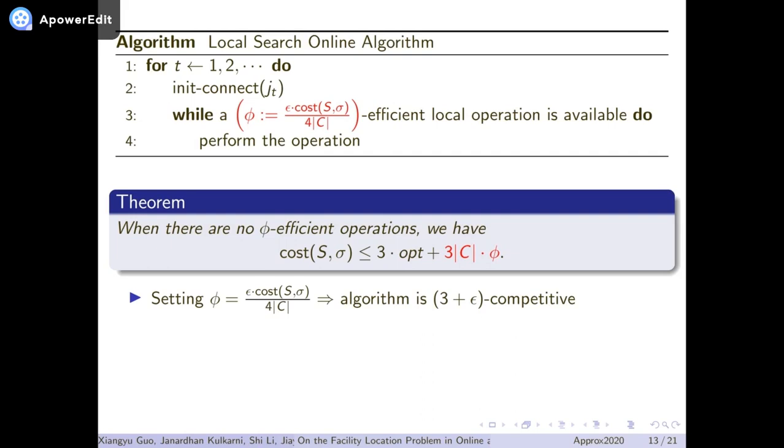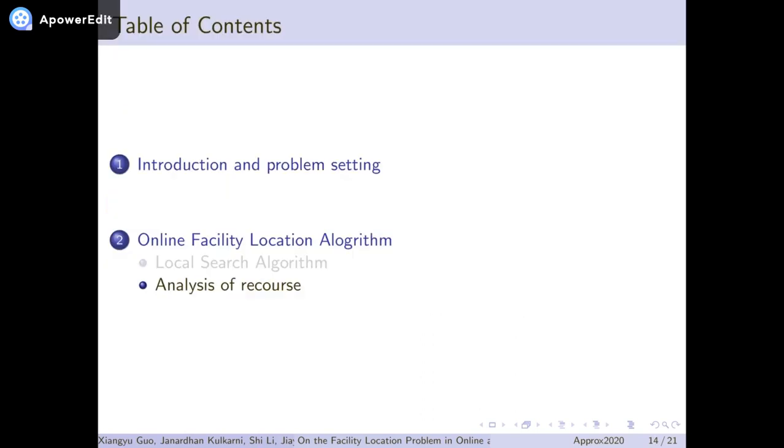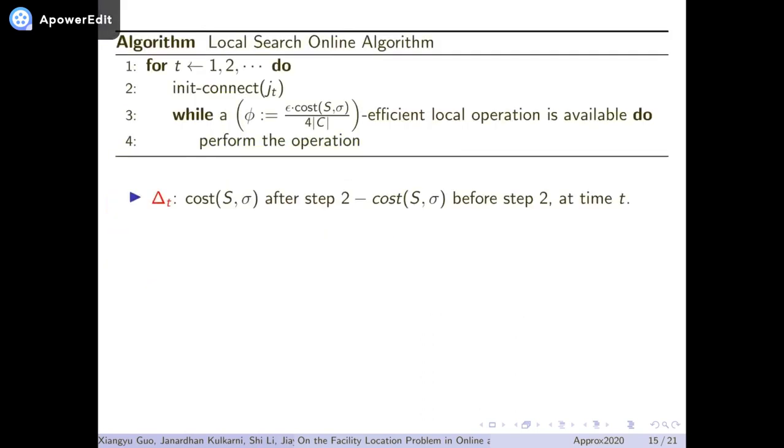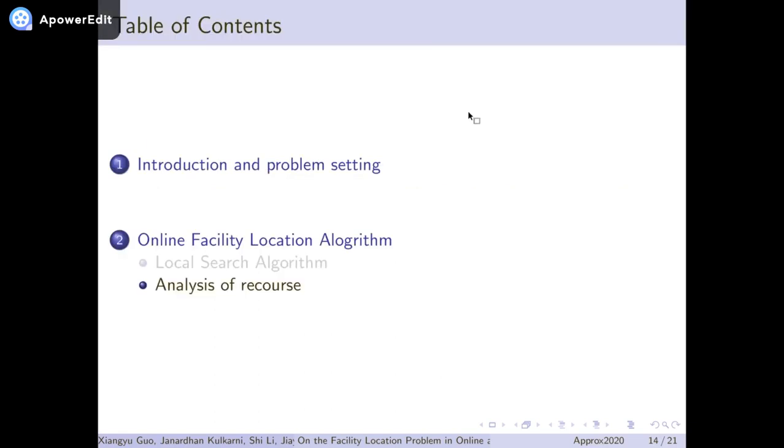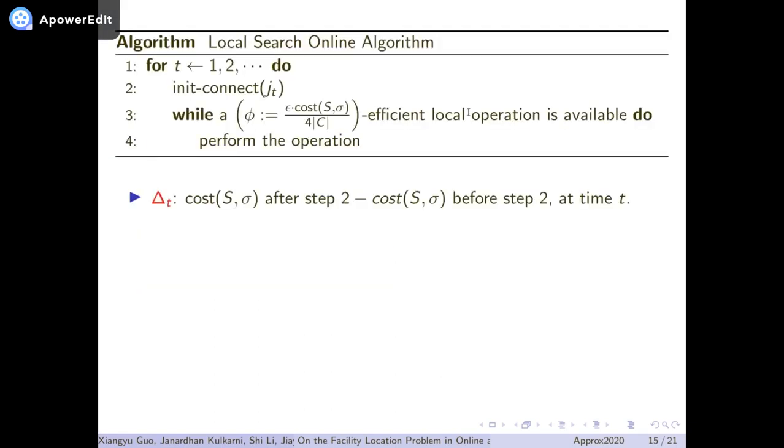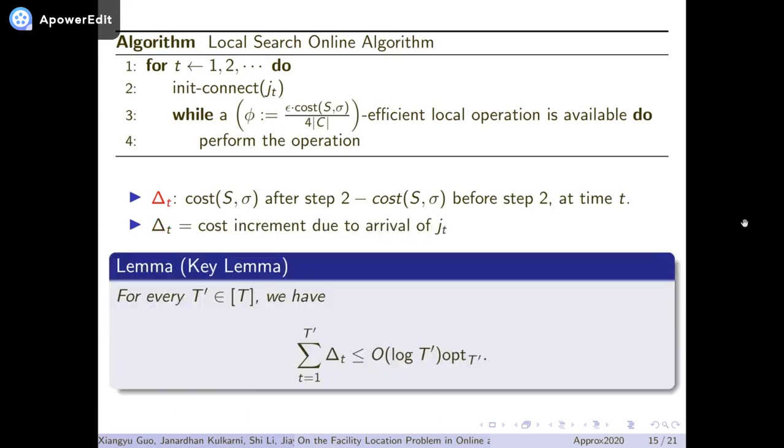Next, we will analyze the recourse. First, we define delta t to be the difference of cost after and before initial connect of the client Jt. Now we can prove the key lemma.